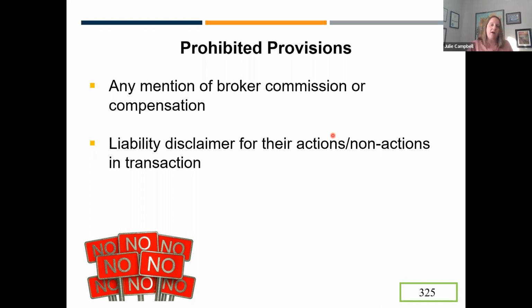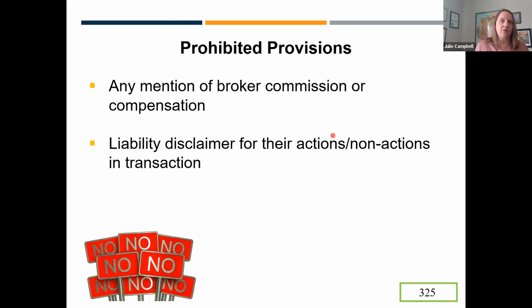We also cannot have anything in the contract, again, big picture, you and I don't belong. But specifically, we also can't have any kind of liability disclaimer to protect our actions. Remember earlier today, we looked at our professional services disclosure where the buyer could waive the survey, for example.